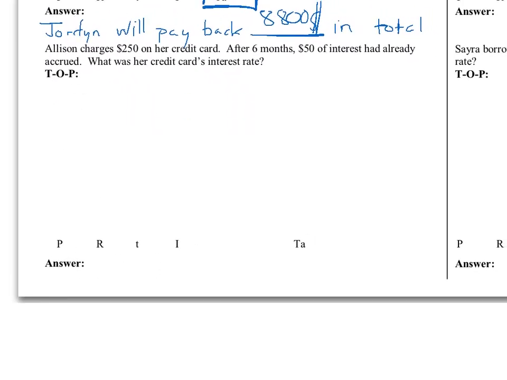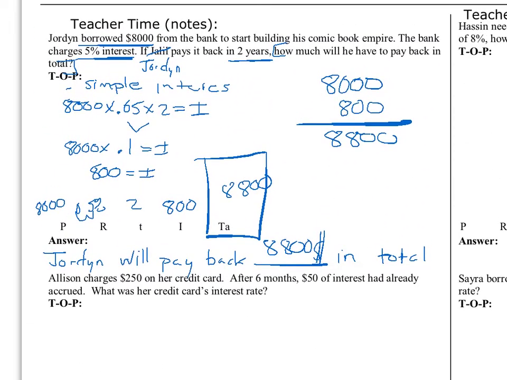All right. Yes, sir. Okay, how do you get 8,000? How do you get 400? I mean, how do you get 800 for the... So that was the 8,000 times the 0.1. But isn't the interest 5%?